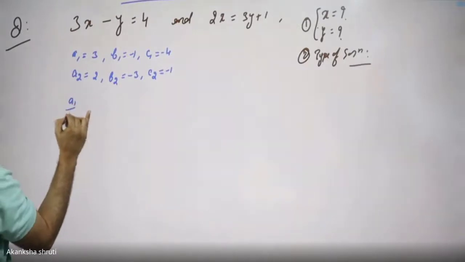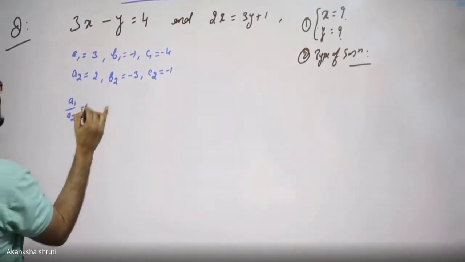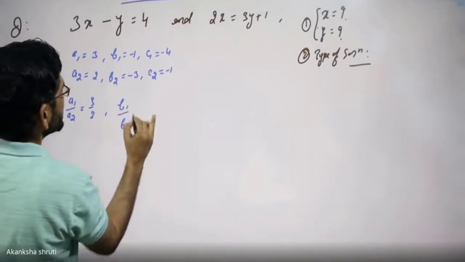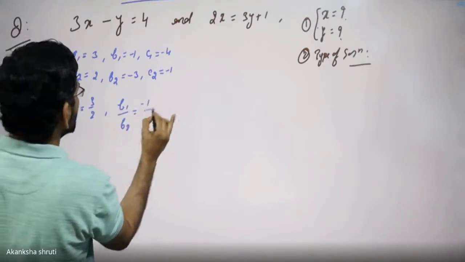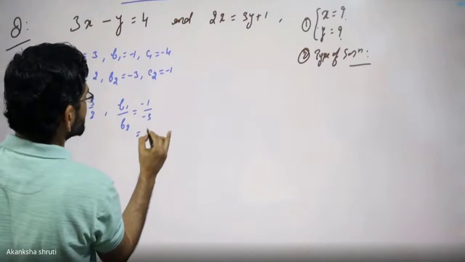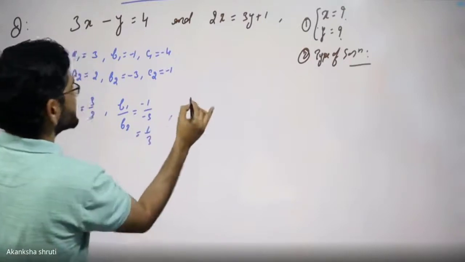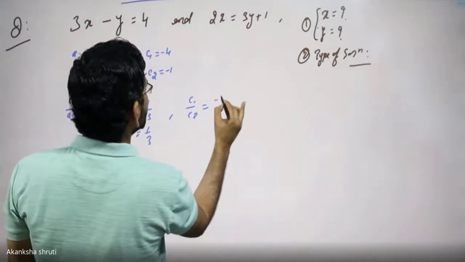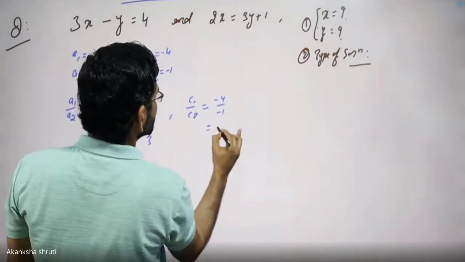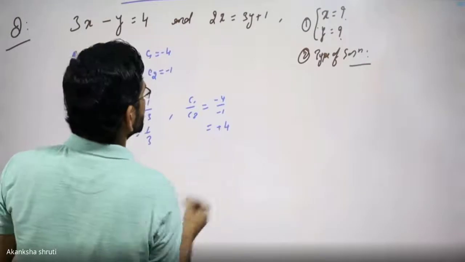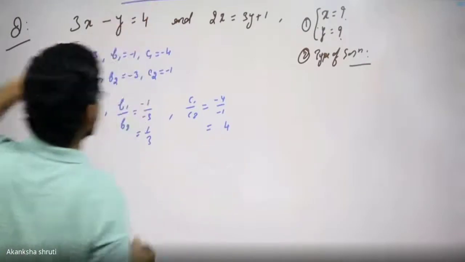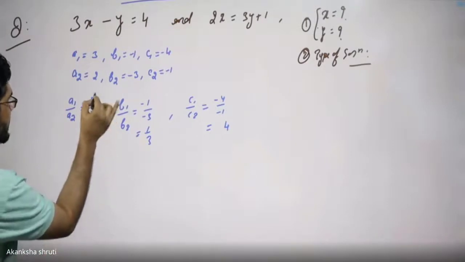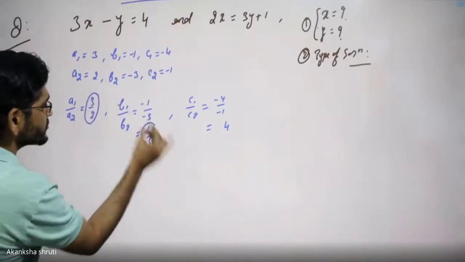Here A1 by A2 is 3 by 2, and B1 by B2 is minus 1 by minus 3, which is 1 by 3. C1 by C2 is minus 4 by minus 1, which is plus 4. So what we are observing here, from these values you have to just observe.